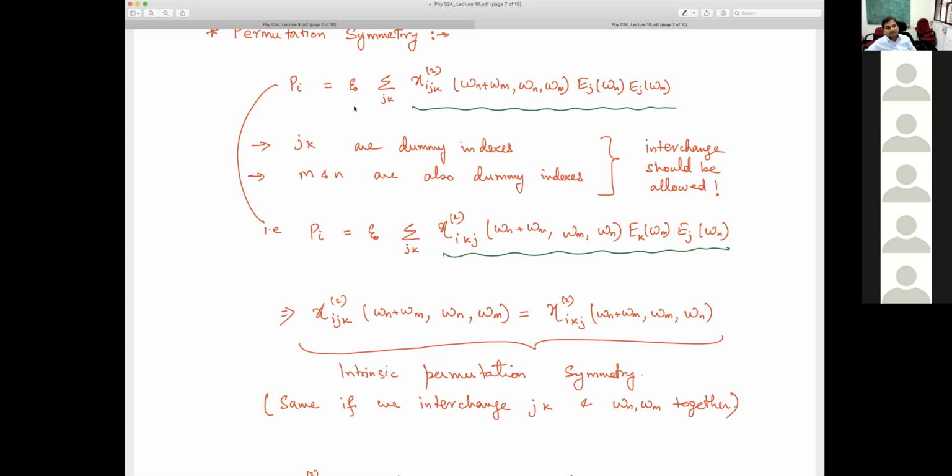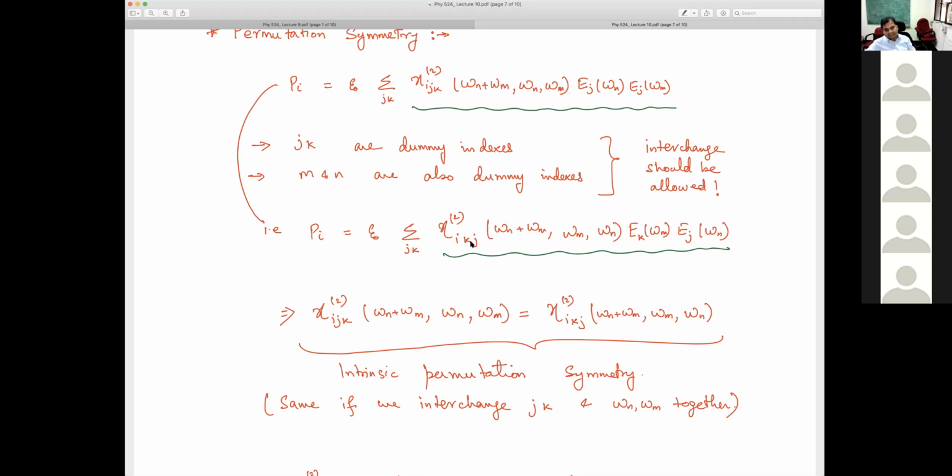Okay, so that implies that if I do this interchange both simultaneously, then P i I should be able to write epsilon naught sum over jk. Now chi, so I will change k and j. So chi2 of i kj. Okay, and then I have to change omega m and omega n ordering also. Okay, because the way it is written, it implies that the second index comes with omega n and the third index k comes with omega m.